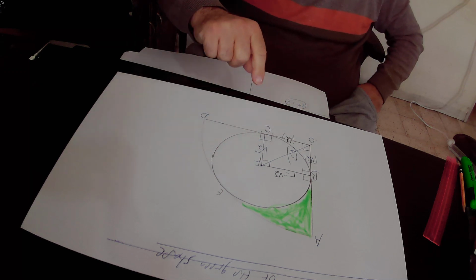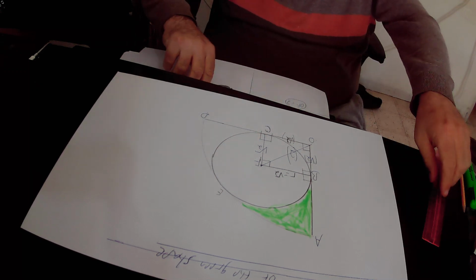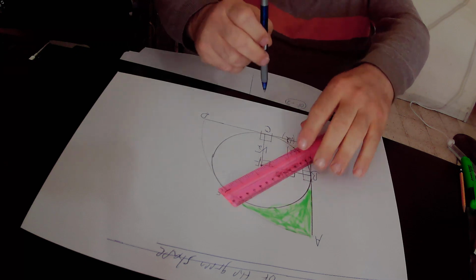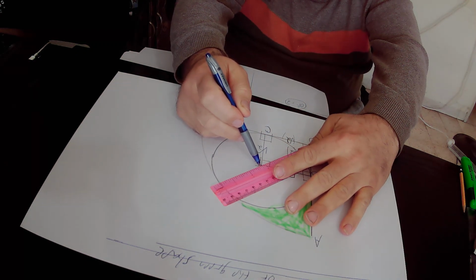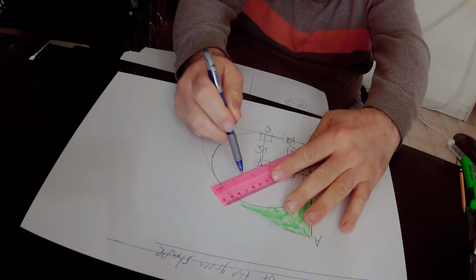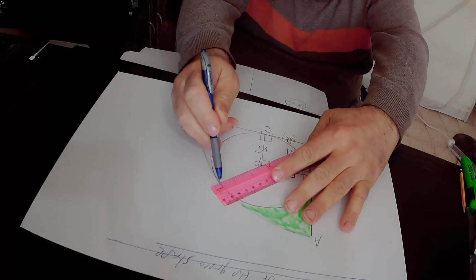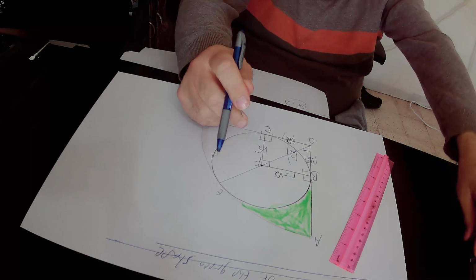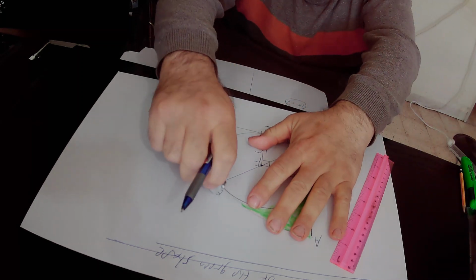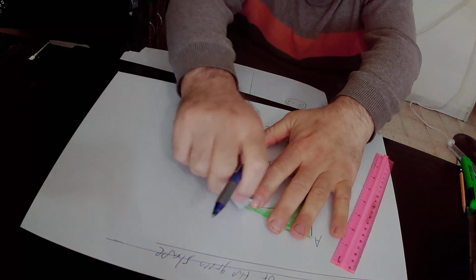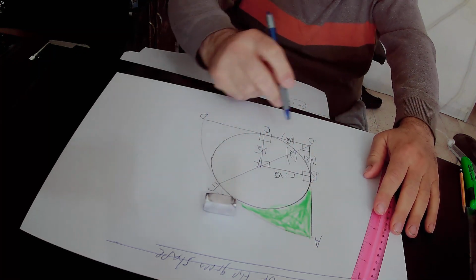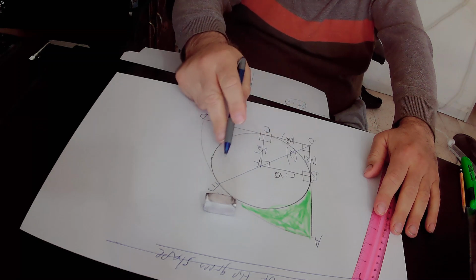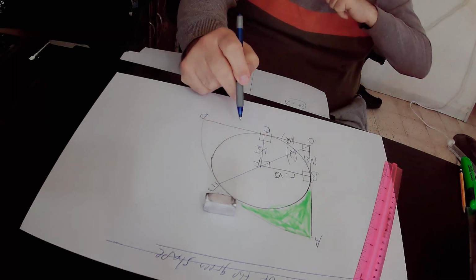Or OFE is one straight line. Point E is the touching point.